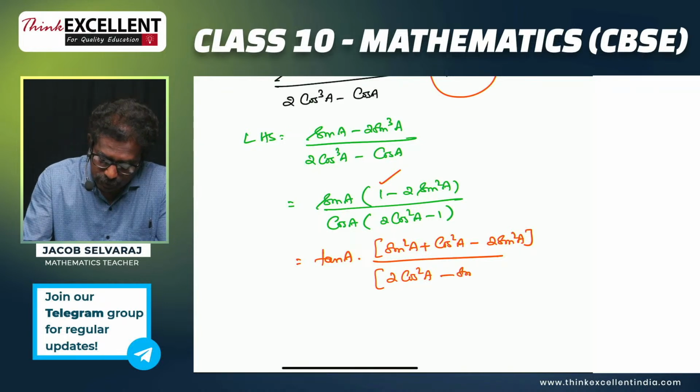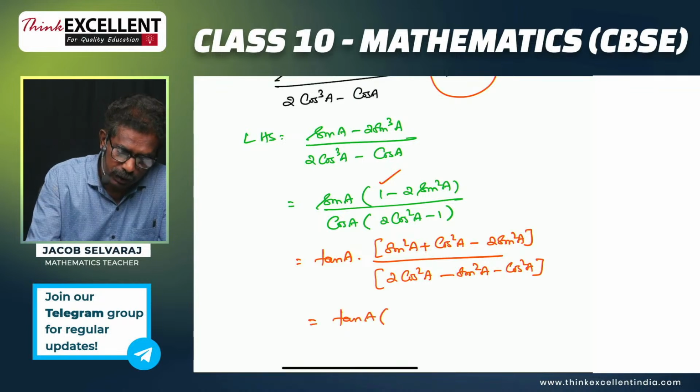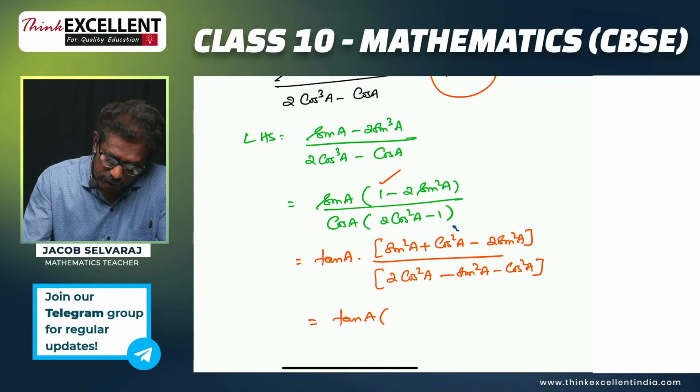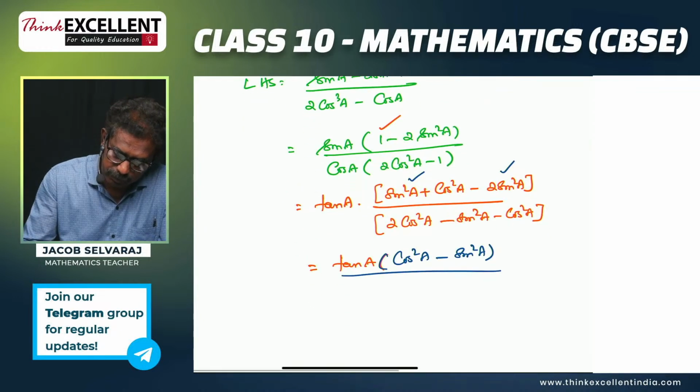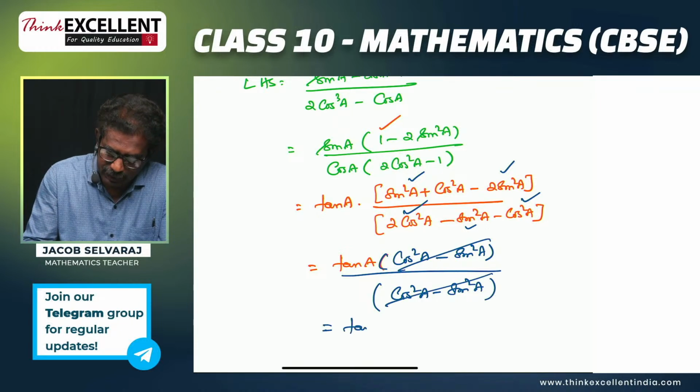So minus sin square A minus cos square A. So that is tan A into, look at the numerator, cos square A, these two together, sin square A minus 2 sin square A, that is minus sin square A. See the denominator, 2 cos square A minus cos square A, it is cos square A minus sin square A. Now we look at this, these two are the same, cancel, so your answer is tan A.